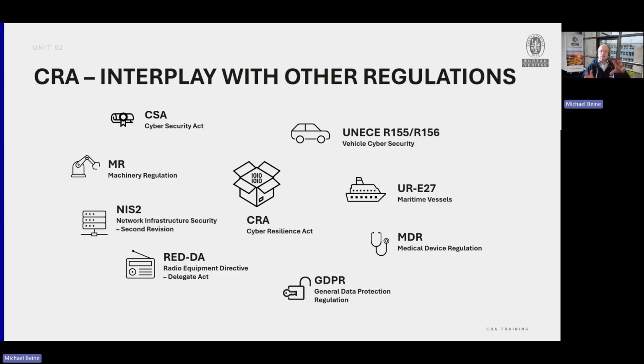Here we have a similarity with the NIS2 or critical infrastructure: the GDPR applies to organizations who process personal data, and they can use devices based on the Cyber Resilience Act, which are designed for this purpose.